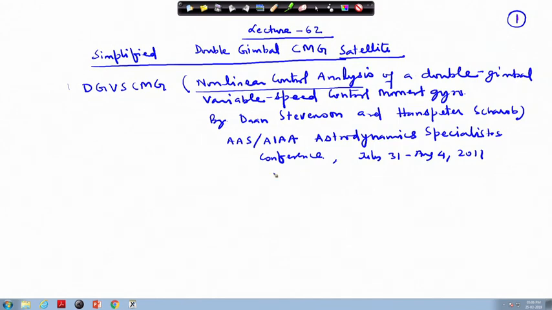If required you can refer to this paper. It does not give you so many details, but after a lot of effort you can work it out.